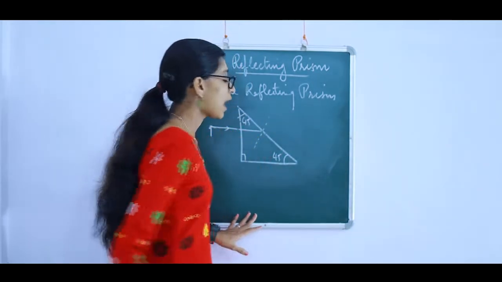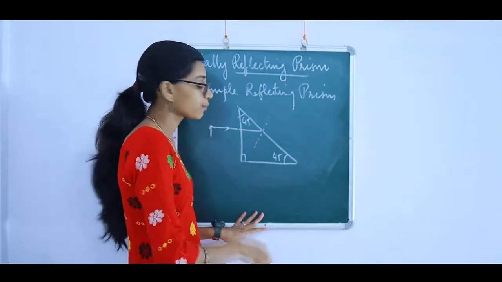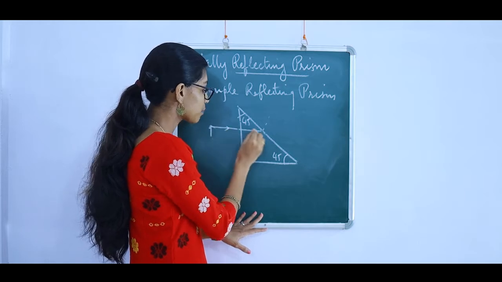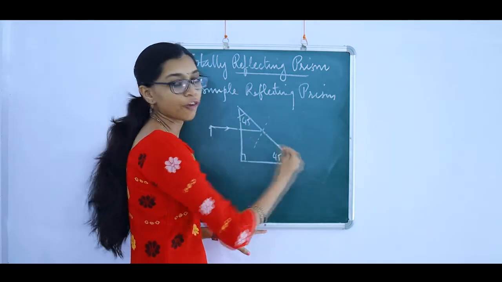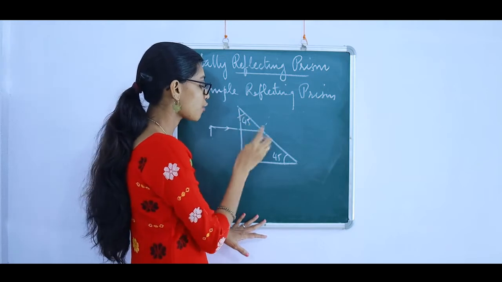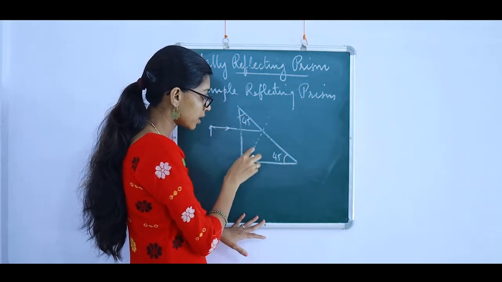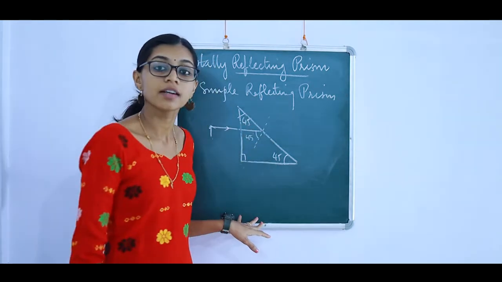So you have 45 degree at this vertex and you have the normal. This is your line and this is a line perpendicular. The normal is perpendicular to this side of your prism. So if this is 45 degree, the angle between these two lines has to be 45 degree.